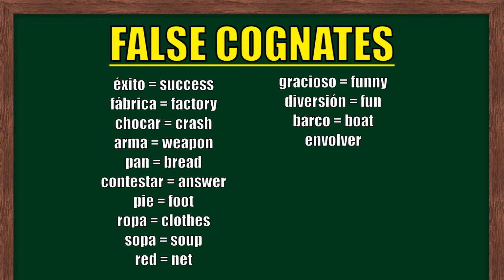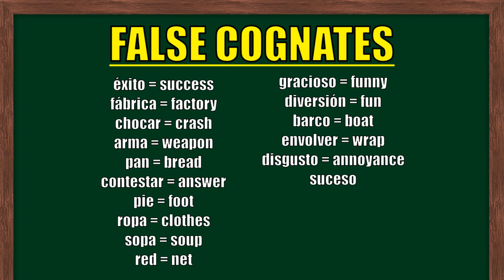Envolver. Envolver does not mean involve. It means wrap. Disgusto. Disgusto does not mean disgust. It means annoyance or irritation. Suceso. Suceso does not mean success. It means event. Policía.